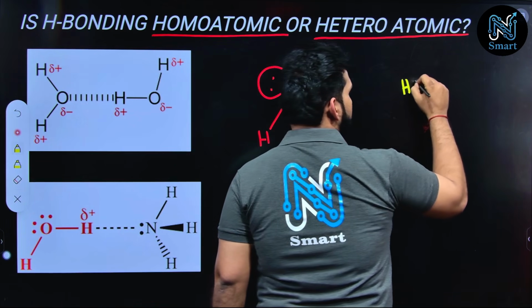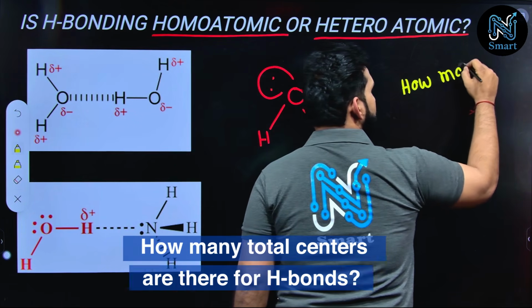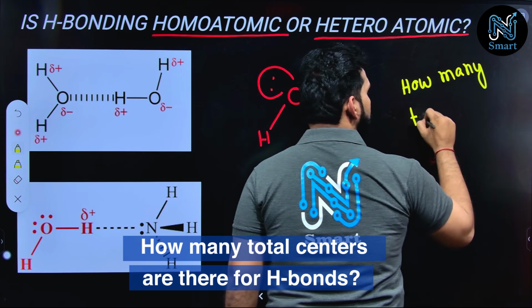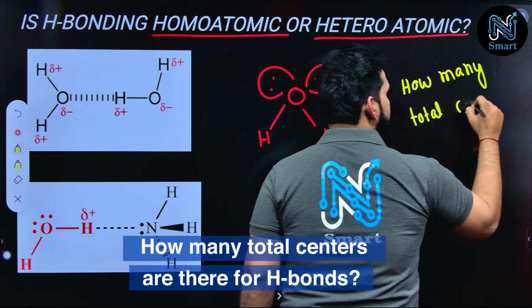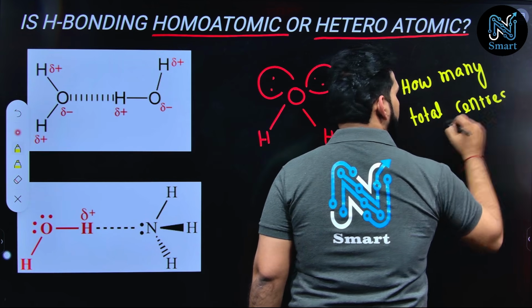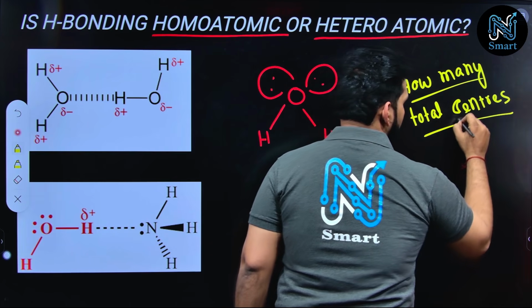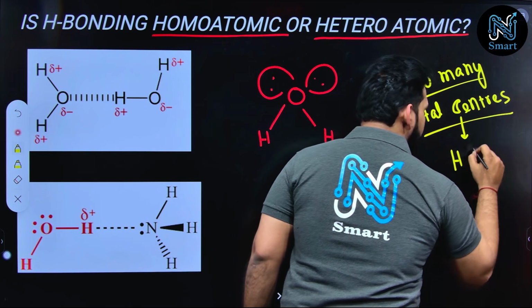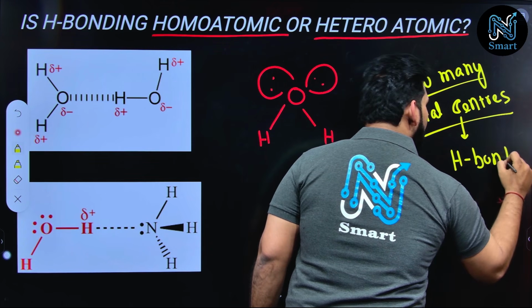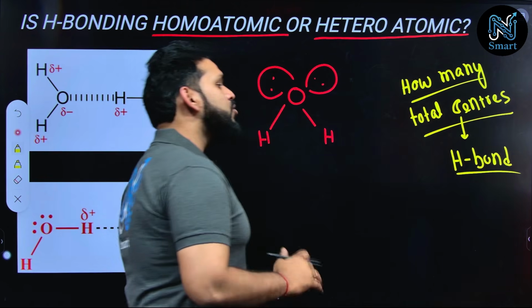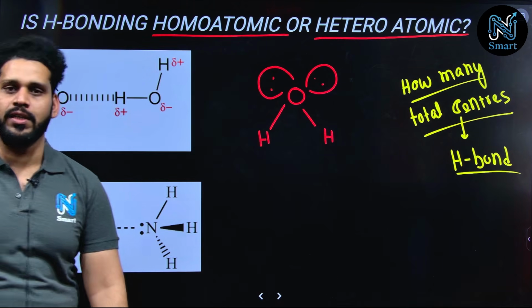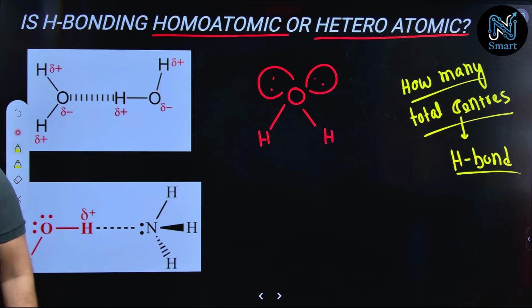How many total centers are there? Let's solve this question. Total centers of H bonding. My question is, how many hydrogen bonds can we make totally?